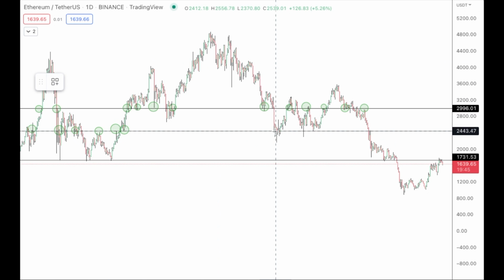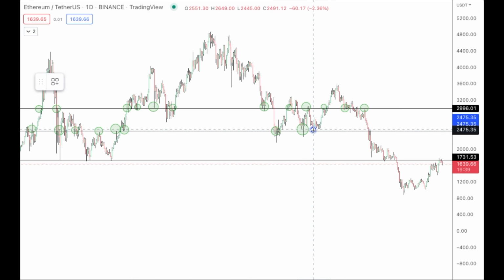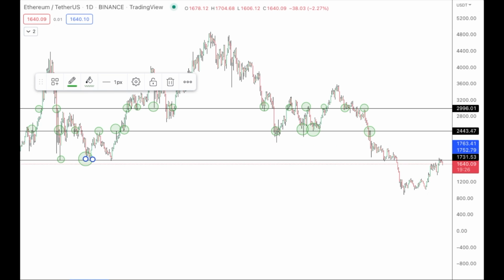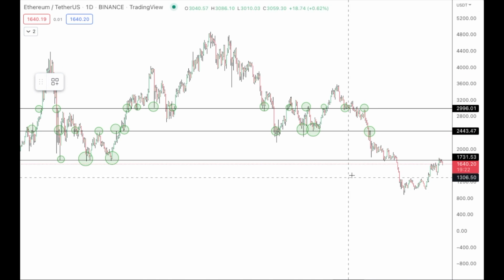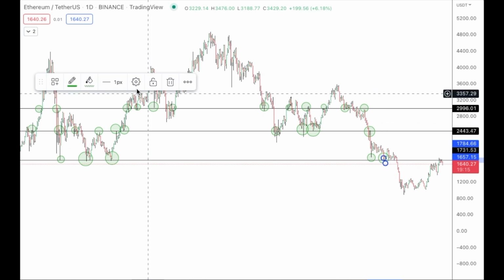As you can see at some of these areas as well, price did go a bit further through the line, and with some other areas price didn't even reach the line. But it's the fact that price gets close to this zone and then rejects from it. This one, for example, it didn't even touch the zone, but it still counts as very sharp movement towards the zone and then rejection.